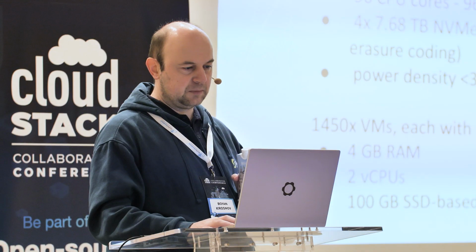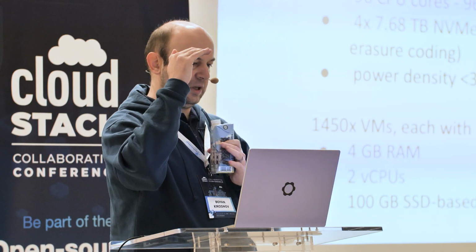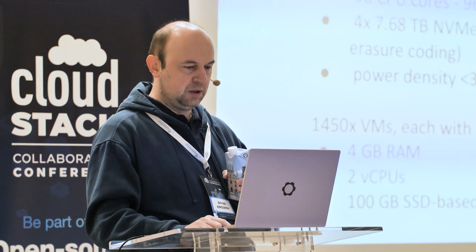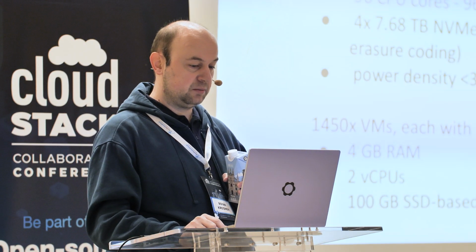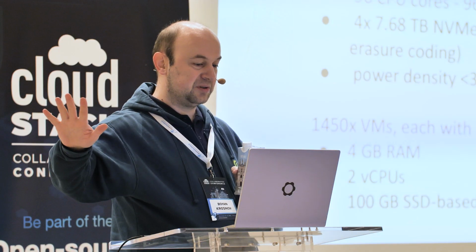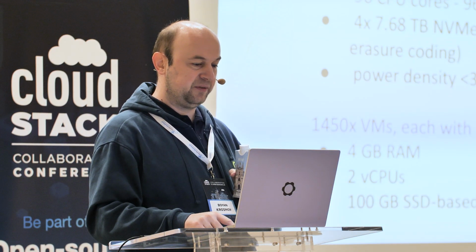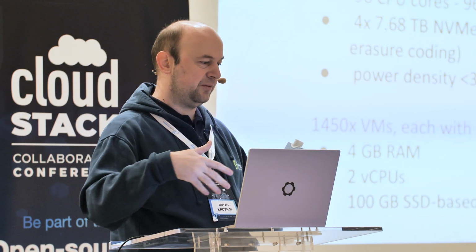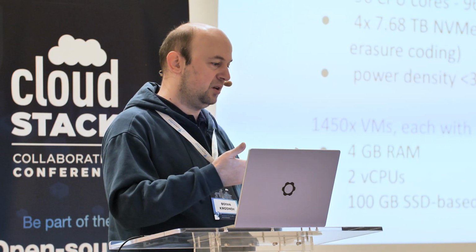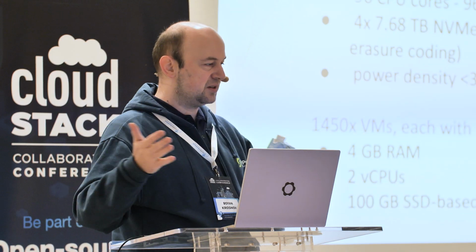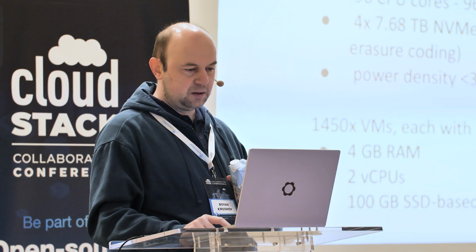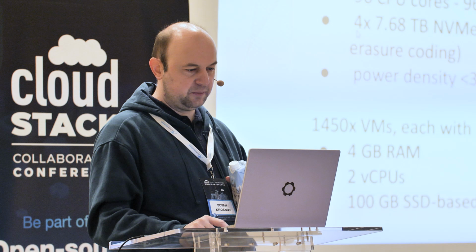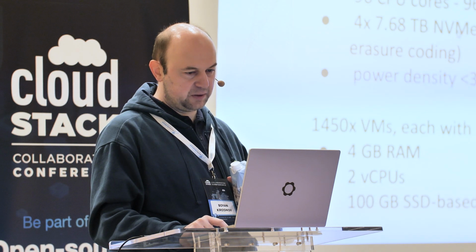So in a 5-server HCI cluster, you get something like 6 terabytes of usable memory. We say we don't use 7.5 terabytes of memory because if one of these servers needs to be in maintenance, you need some additional space to put your VM somewhere. 96 cores per server, 4 times 8 terabyte NVMe drives.